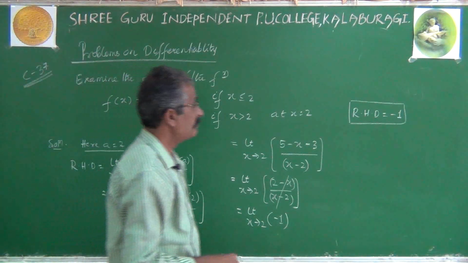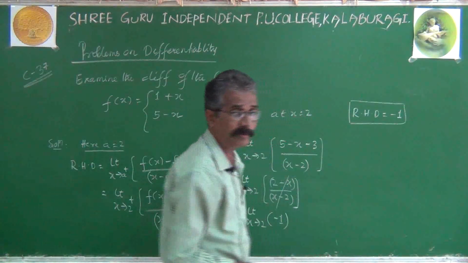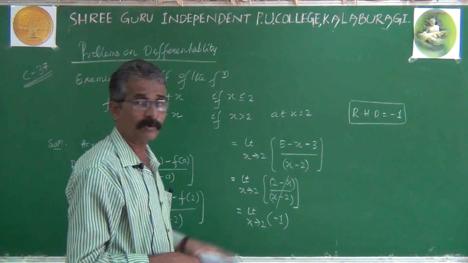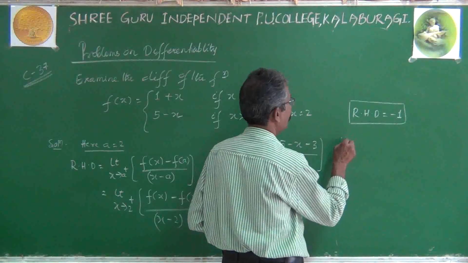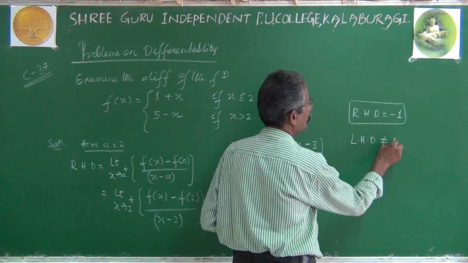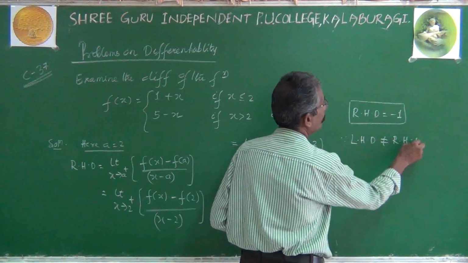What is LHD? Plus 1. RHD is minus 1. They are not equal. So the function is not differentiable, since the left hand derivative does not equal the right hand derivative.